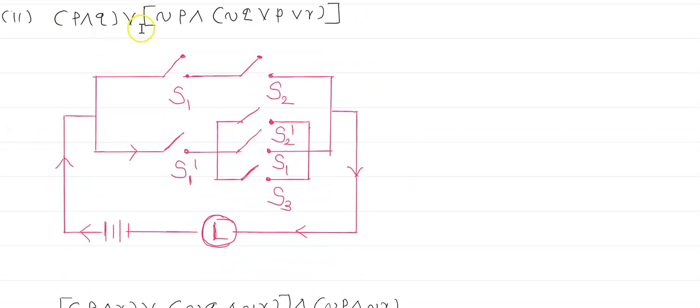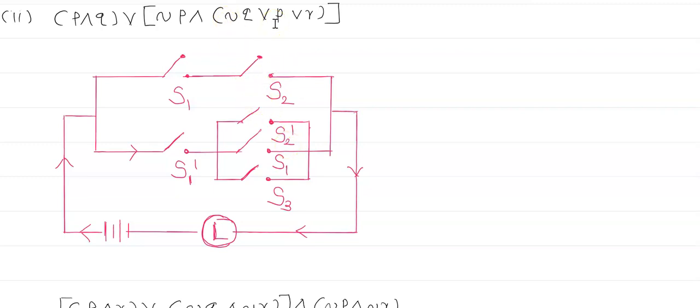P and Q, or negation of P and, in bracket, (negation of Q or P or R). Now first is P and Q, that is S1 and S2. They are in series. Again they are in parallel with this total block, which is in a square bracket. How are they? Negation of P, this is S1 dash, and they are in series with negation of Q, that is S2 dash.